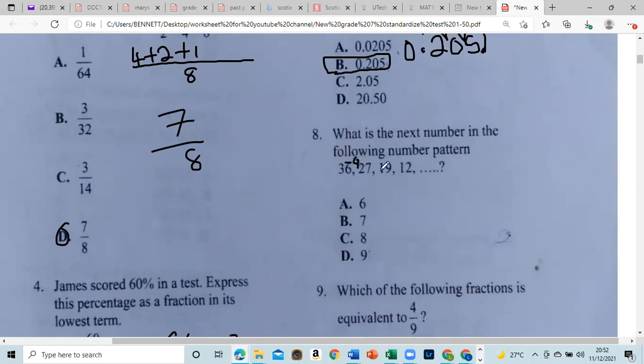Let us see if the same thing goes from here. So 27. Oh, minus 8 this time. All right, so minus 8, minus 7. So I guess you have a minus 6, so that will leave us with 6.